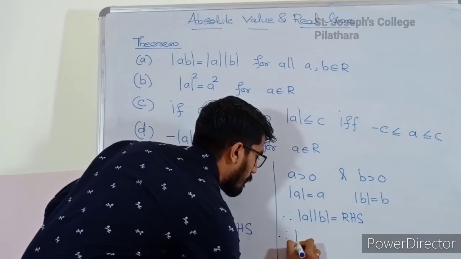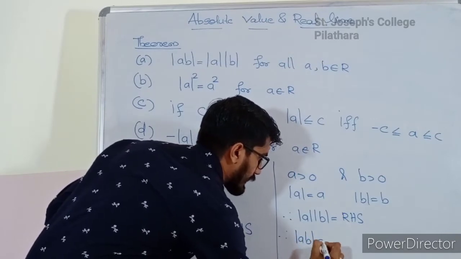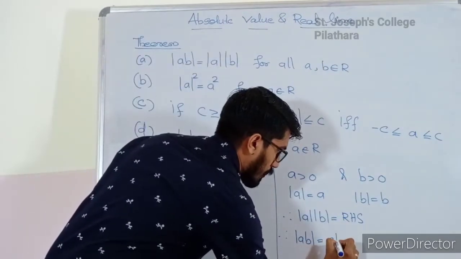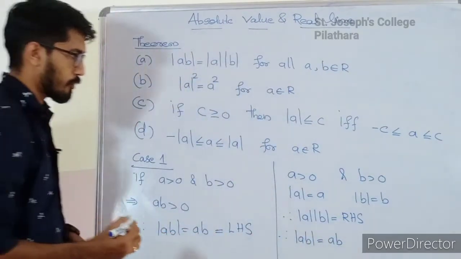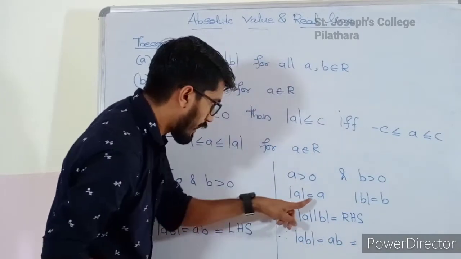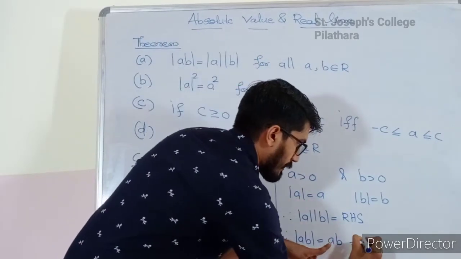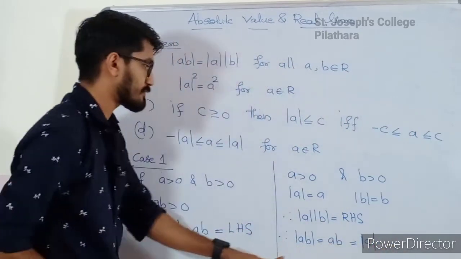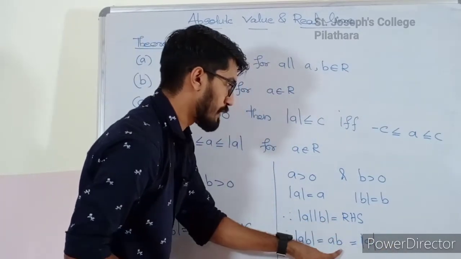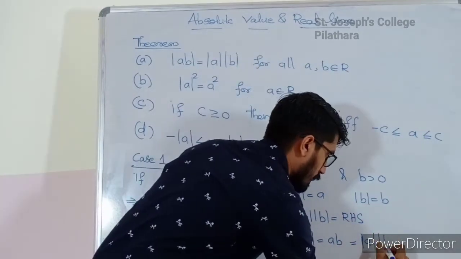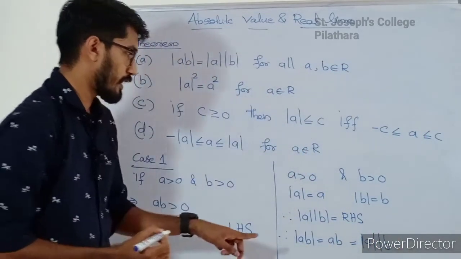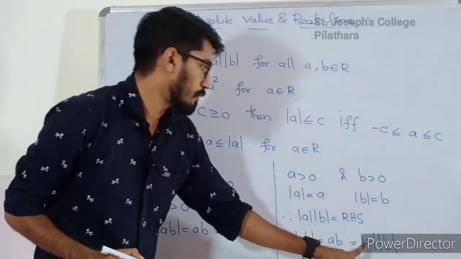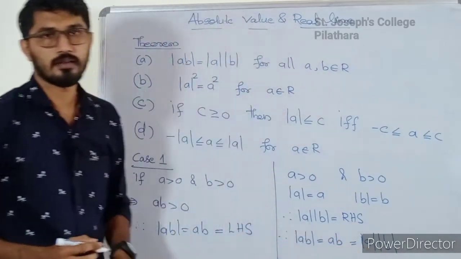Therefore, mod AB is equal to AB, which is equal to, we replace A by mod A and replace B by mod B, which is equal to mod A into mod B. Therefore, mod AB is equal to mod A into mod B.